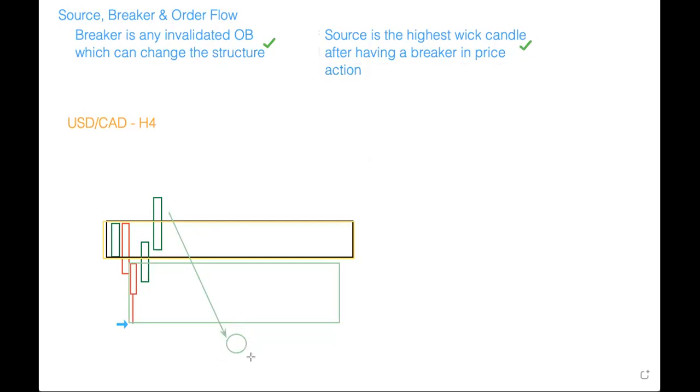Okay, so if we are going to close below the source, again the structure which will change, but we may get a retest of the source and then continue in the direction of the trade, in the direction of price action, which was identified recently by this structure change. The structure change was the cause of this order block and this breaker.